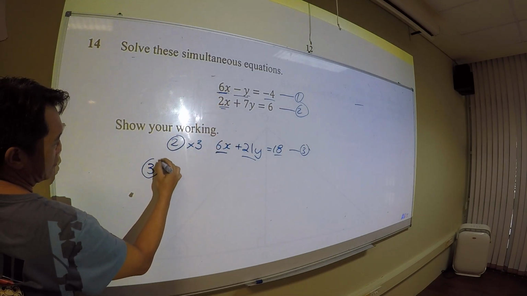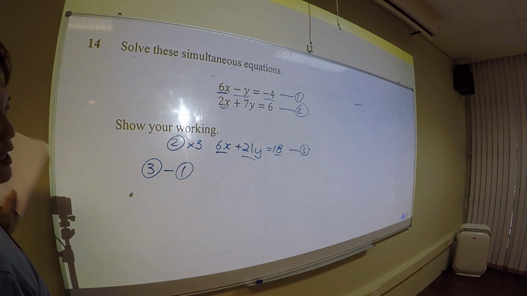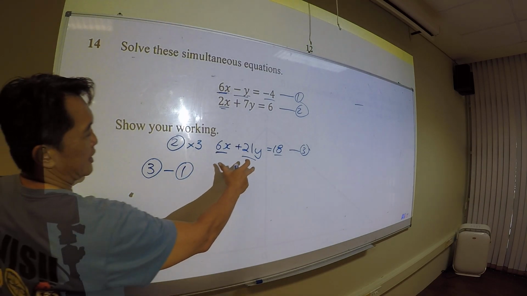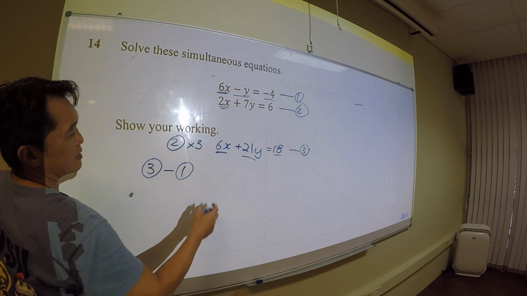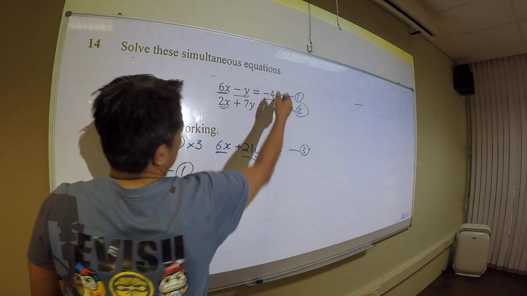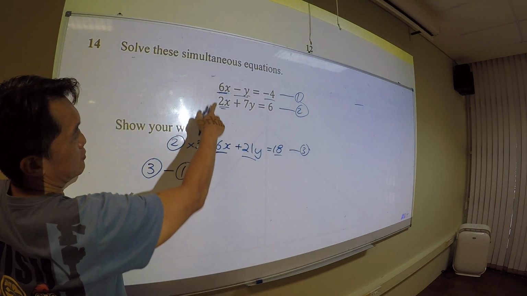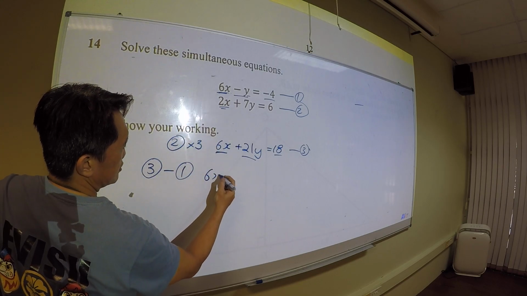So if I take equation 3 minus equation 1, that means I take everything: left hand side minus left hand side, right hand side minus right hand side. That is the meaning of minus. So my 6x will minus 6x.